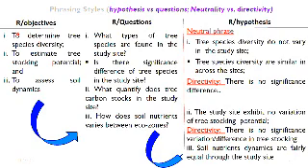Then it is from the same specific objectives that we create the research questions. And I will tell you, we don't use both research questions and research hypothesis. We opt for one.